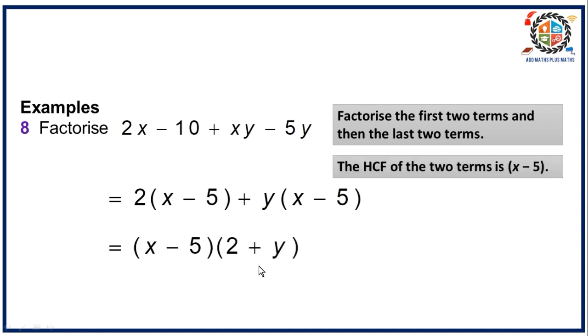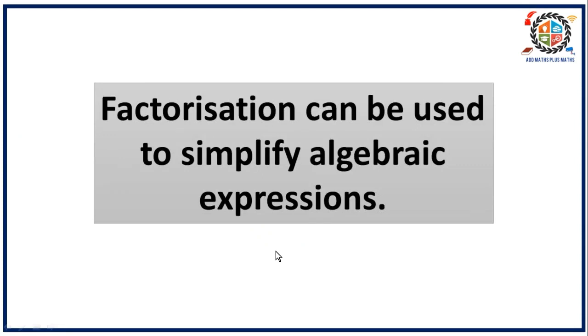So I have x minus 5 times 2 plus y, or you can write 2 plus y as y plus 2. Factorization can also be used to simplify algebraic expressions. I repeat, factorization can also be used to simplify algebraic expressions.